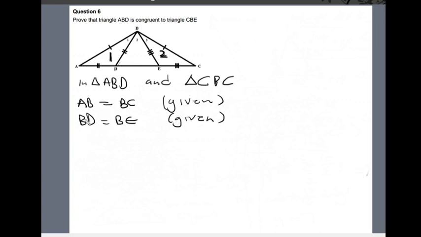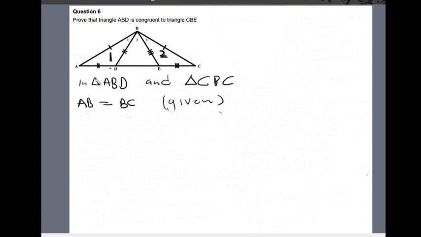And then AD is equal to... I think I made a mistake somewhere. This side is equal to that one, that's given, and then all right, sorry, I made a mistake here. BD and BE are not equal, so I made a mistake there.